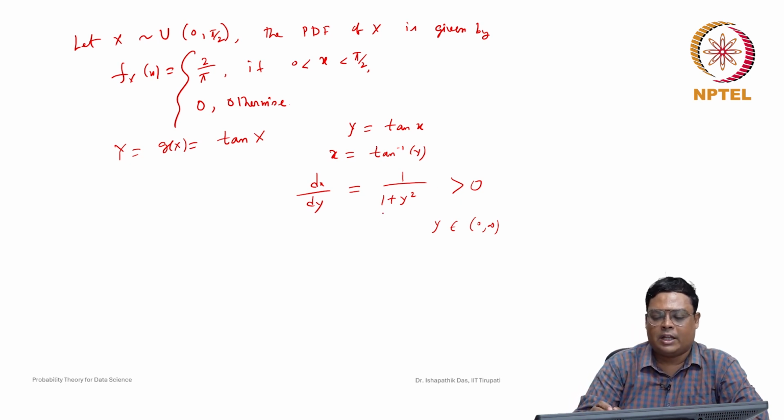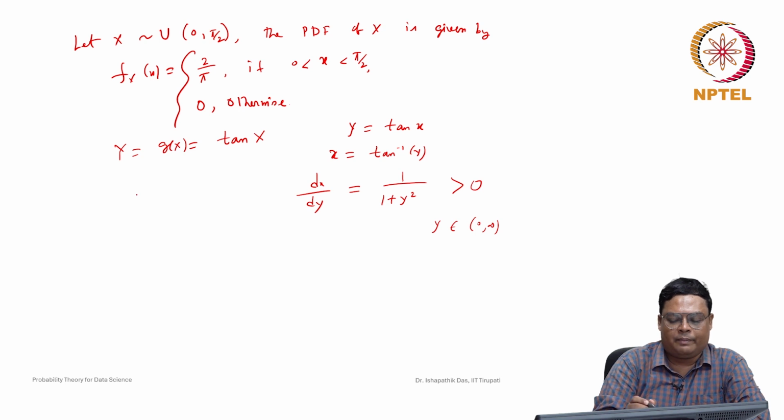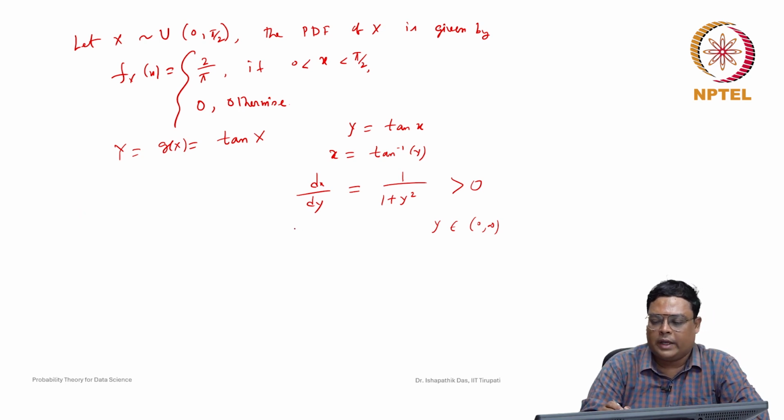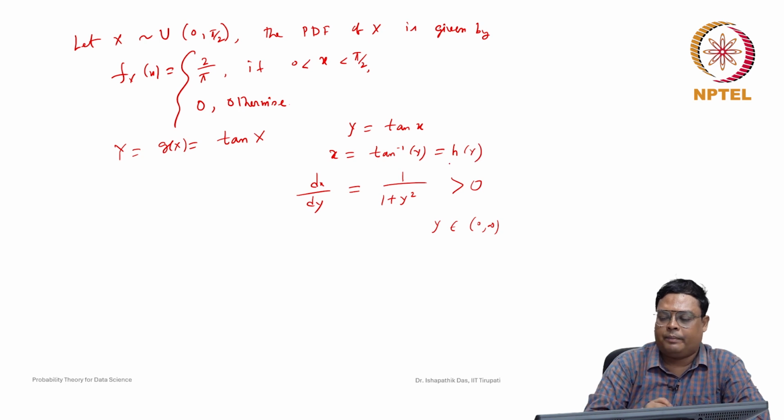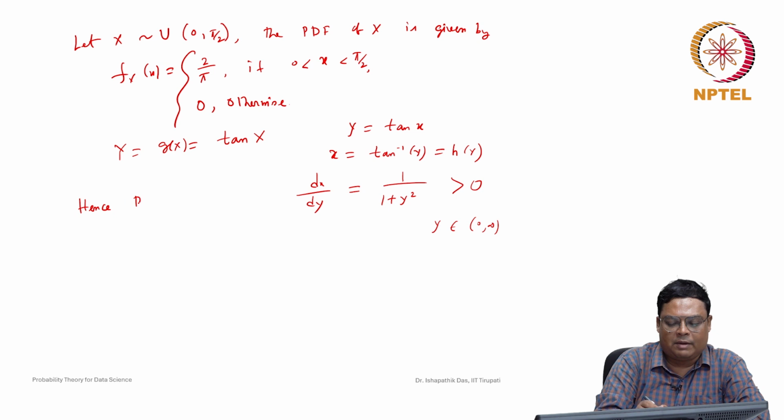Now, how can we find the probability density function of y? We will use this formula. x is equal to tan inverse y, this is h of y.